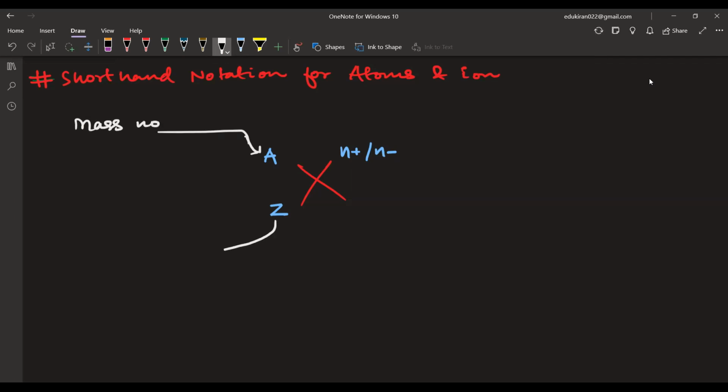This Z here, it is known as atomic number. The symbol for atomic number is Z. Okay, and this is the atomic symbol of atom.